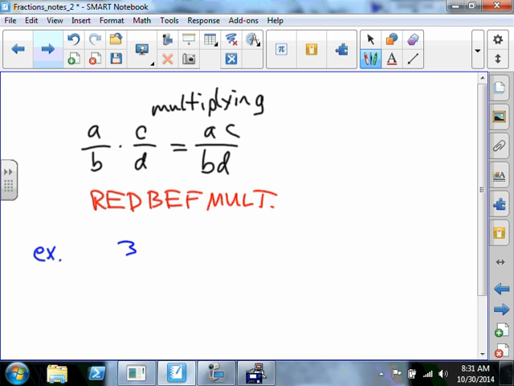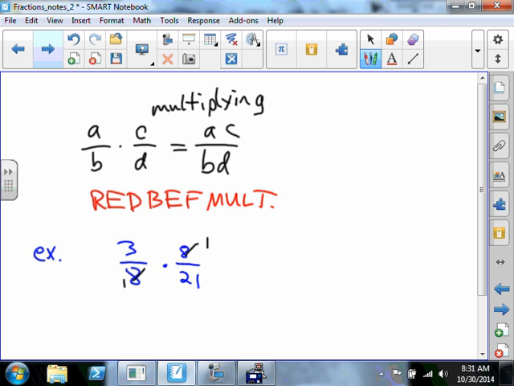If you had 3/8 and you wanted to multiply that by 8/21, can we cross-cancel anything there? The 8's cross-cancel, so the 8's turn into what? One 8's a 1 and the other 8's a 1. Can we cross-cancel anything else?